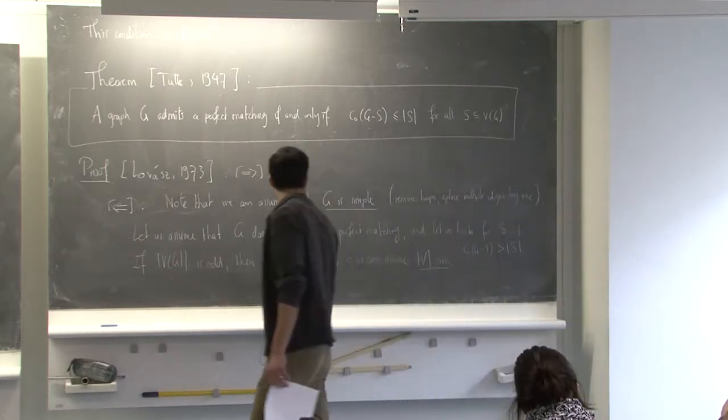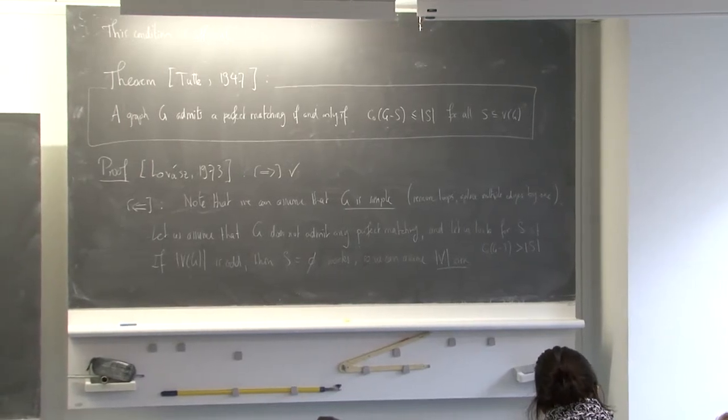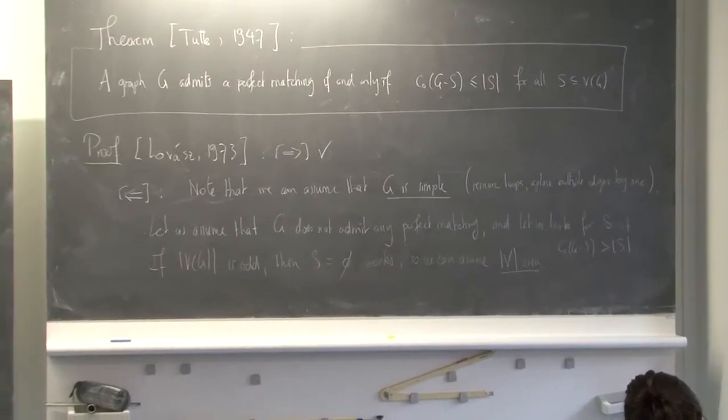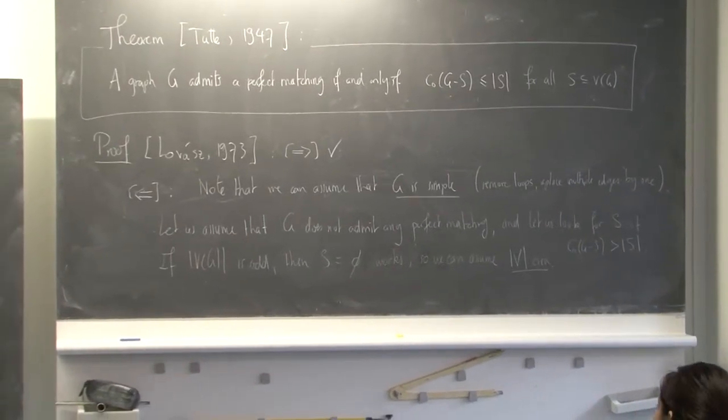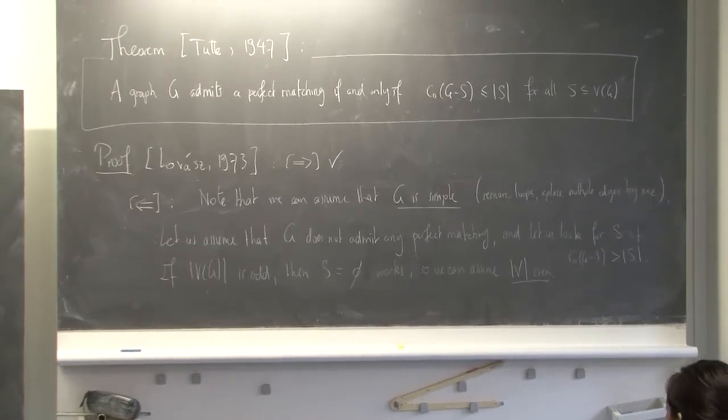Now here is a really beautiful trick, and I love that. So what we can do is actually add edges until G is edge maximal. So what do we mean by this?